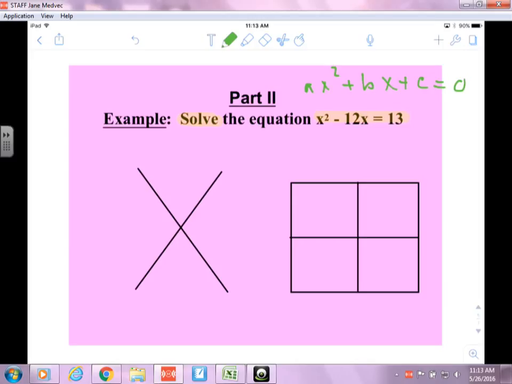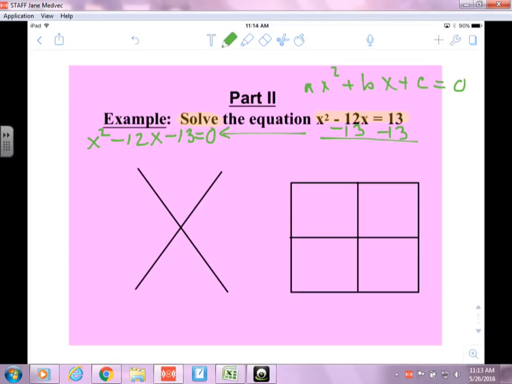So I need to take this and put it into standard form. What do I do to get it in standard form? I'm going to subtract 13 from both sides, and bring it over here so it's on top of this. So I'm going to get x squared minus 12x minus 13 equals 0.